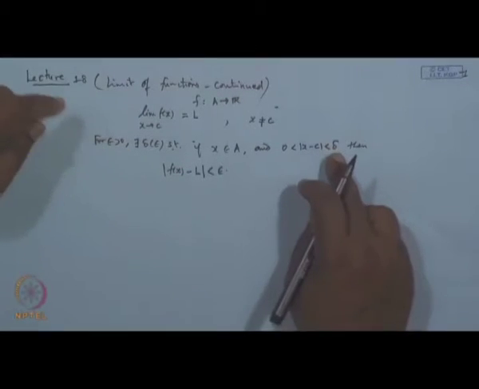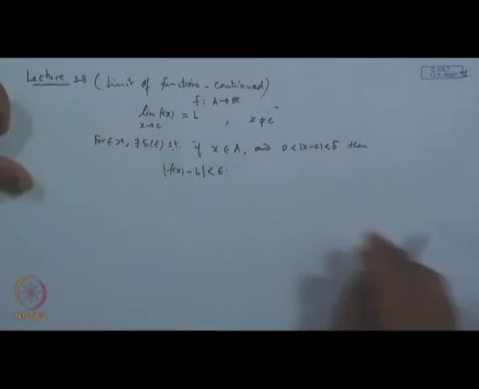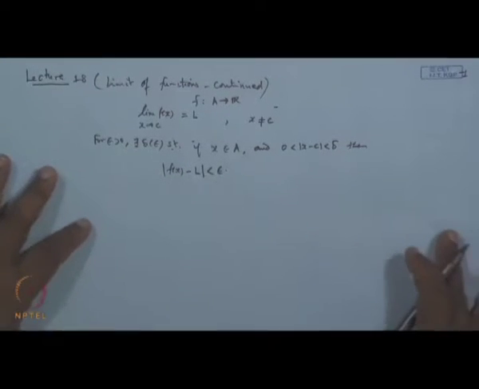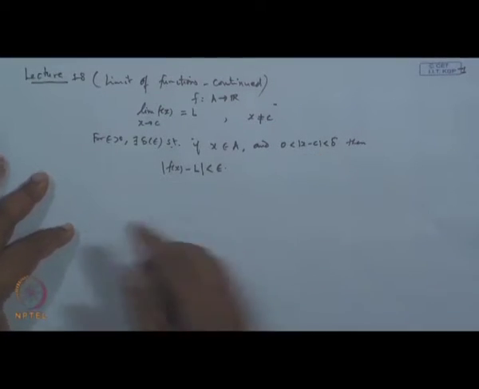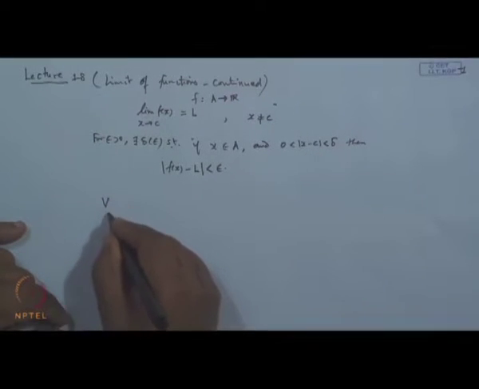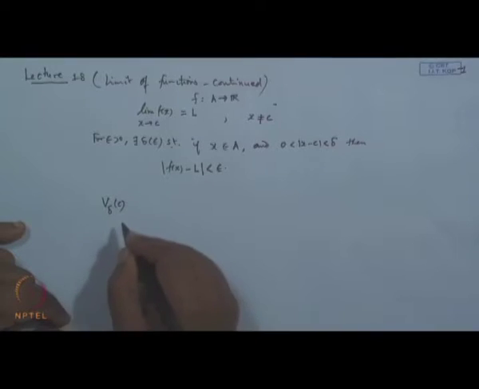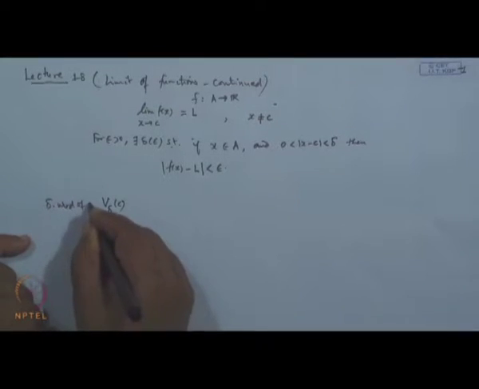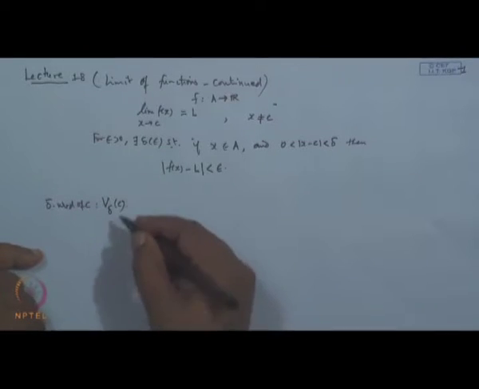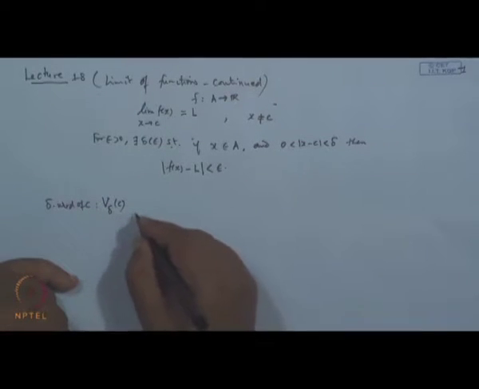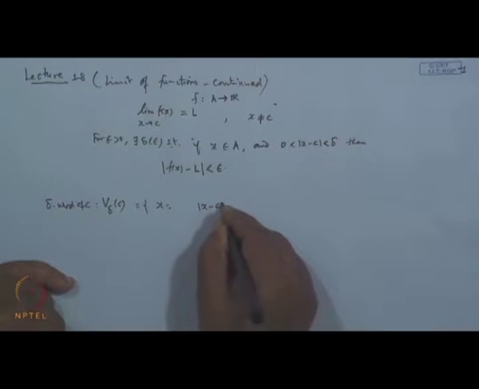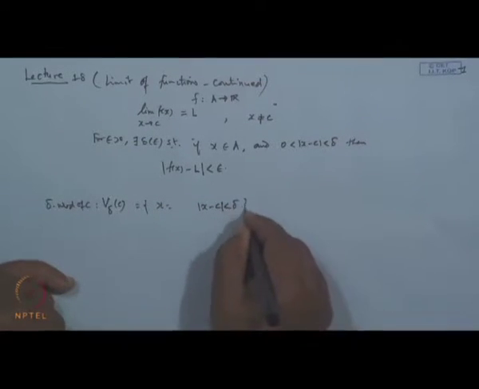Now, if we look at this definition, it can be easily converted into the form of neighborhoods, because what is this? The delta neighborhood of c is nothing but the set of those points x such that |x - c| is less than delta.